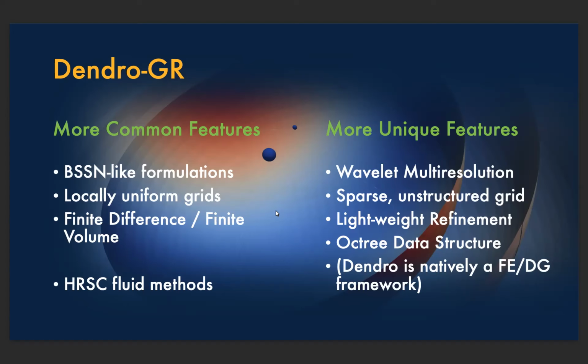We can use standard high resolution shock capturing methods for fluids, whatever needs to be done. So it allows us to build off of basically 20 years of development in numerical relativity and refinement of good practices, to give us robust techniques for solving these equations and getting good accuracy.